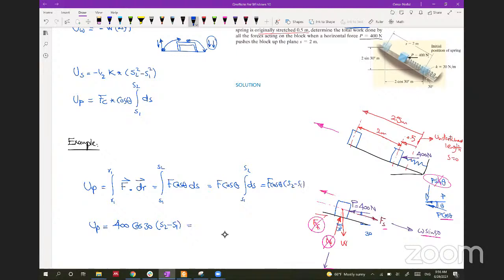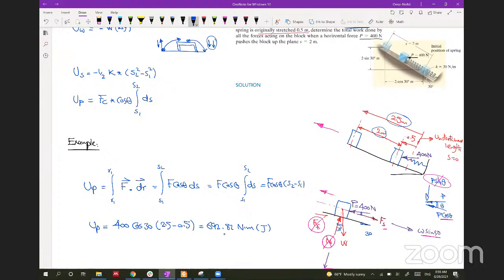So we know that S2 is equal to 2.5 here, and S1 is 0.5. So delta S is equal to 2 meters, and you put 2 meters here. When you calculate this, it will give you 692.82 newton meter, or joule, whatever units you would like.